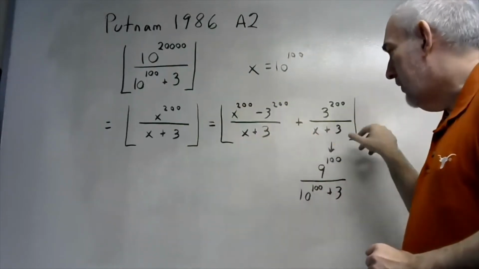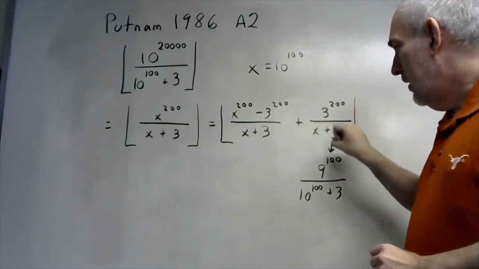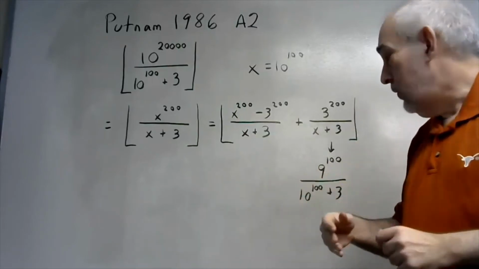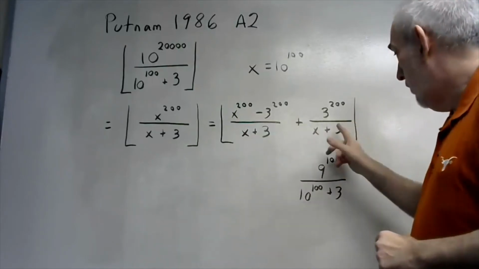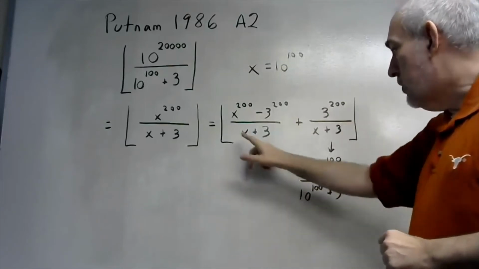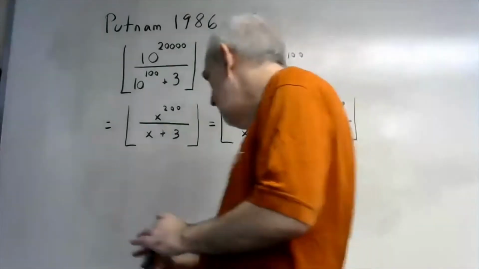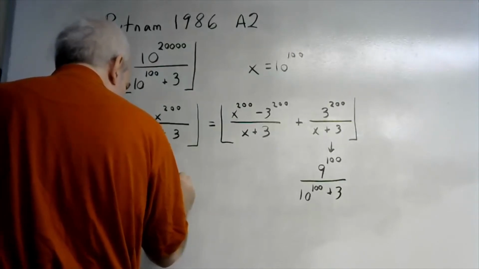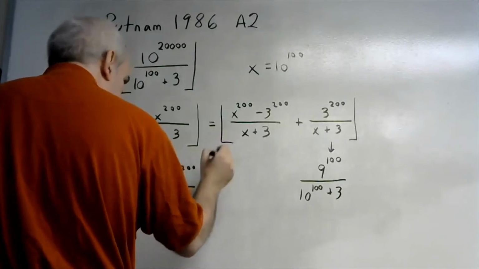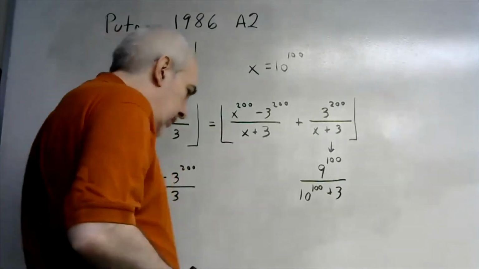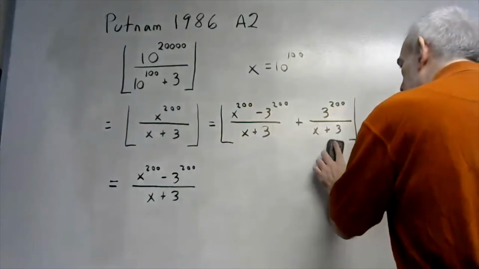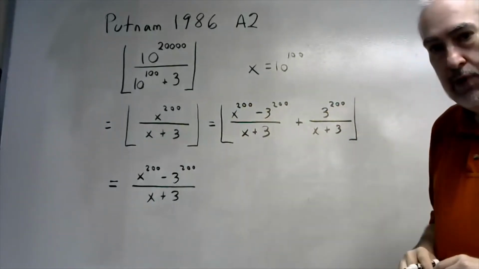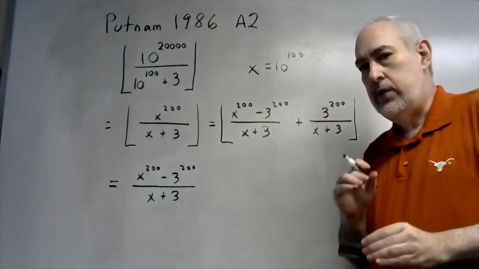And your greatest integer not exceeding function is just going to throw away the part left over between 0 and 1, which is exactly this part of the problem. So this is just going to go away, and we're just going to be left with this expression. And because that's an integer, there's no need to do the greatest integer not exceeding function around it. There. So now that's a lot cleaner of a problem, and we're still trying to solve for the units digit.